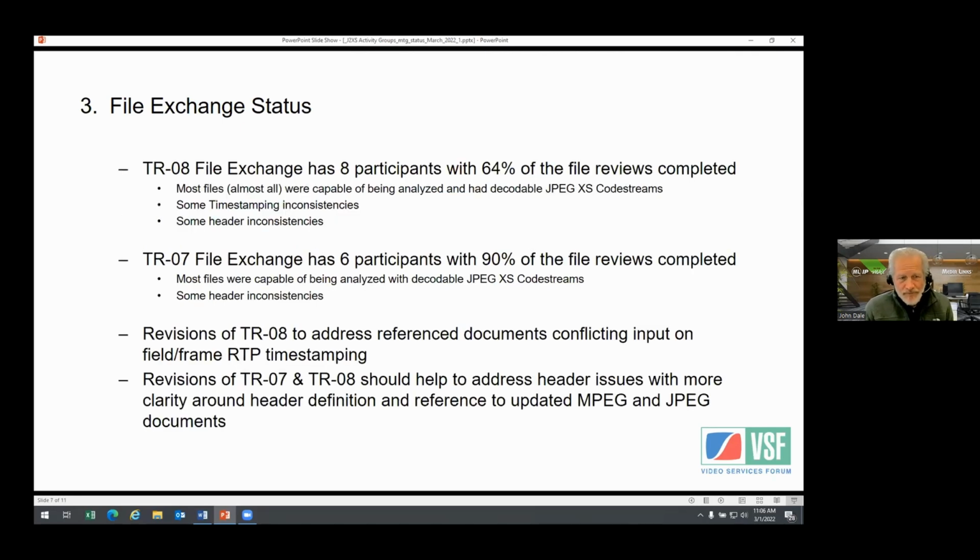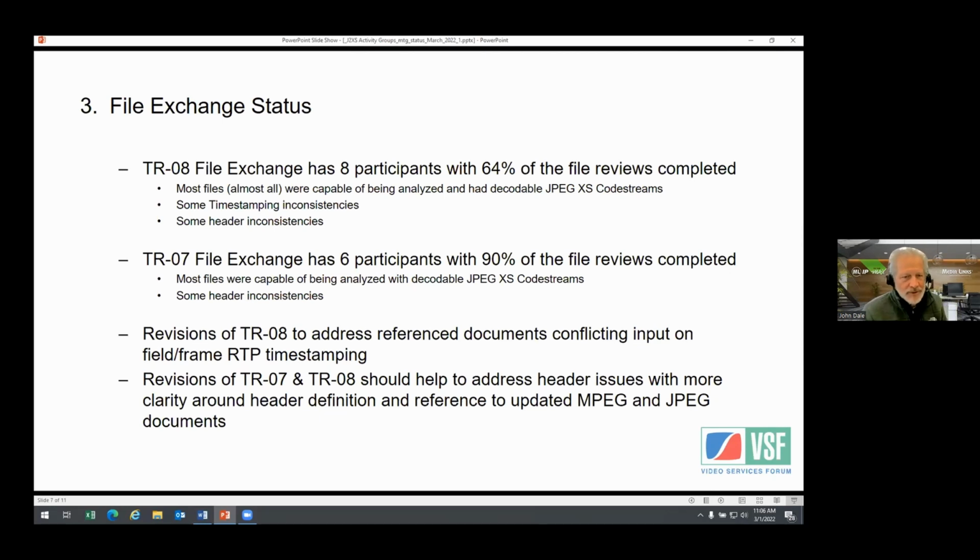So further status on the file exchange, we had 8 participants in the TR-08 file exchange, which by the way is really good based on the size of the VSF. So I think that was outstanding. Right now we have about 64% of the posted file reviews. Just some basic comments on what we found. Almost all of the files were capable of being analyzed, so that they had decodable JPEG-XS code streams.